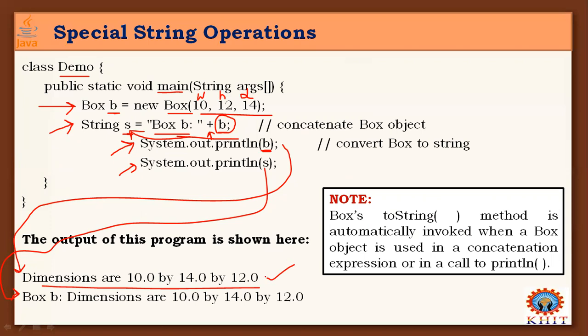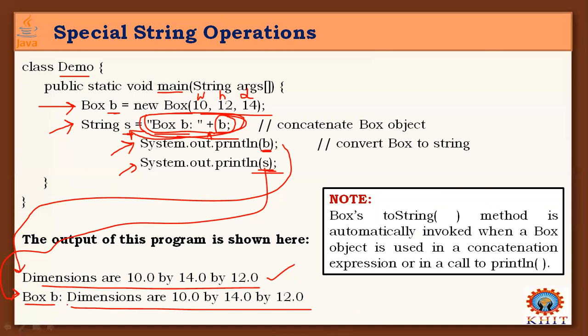That is the difference. toString is automatically invoked to convert the box object's double type values into string values. When the statement executes, that means displaying the object s. What does s contain? The box b and the string literal combined. That's why toString is invoked to display this.